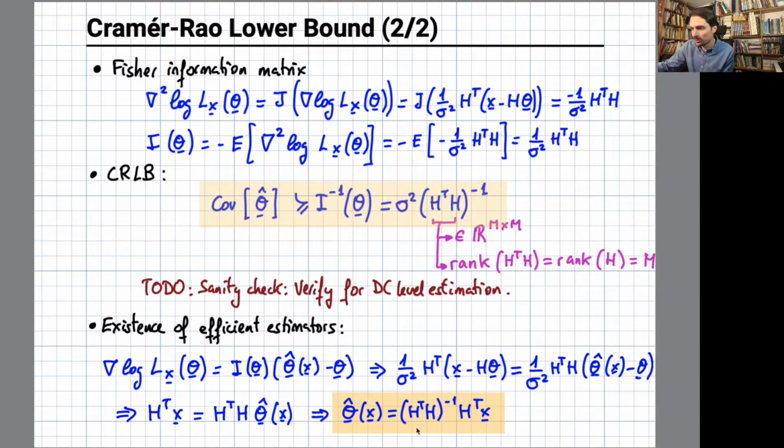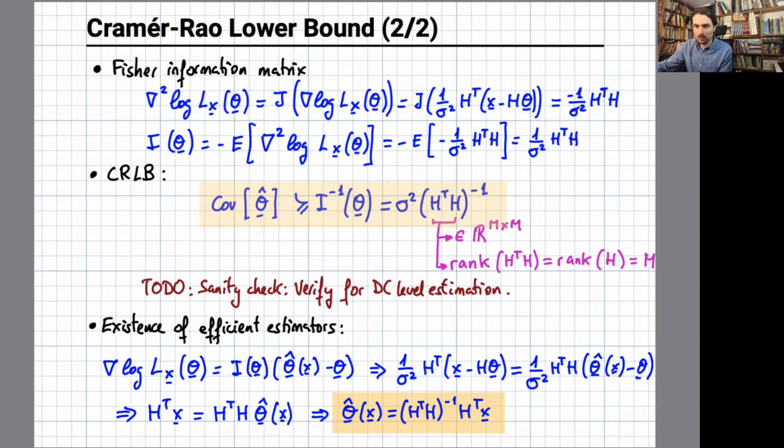Since this expression is a perfectly valid estimator, it doesn't depend on unknown parameters, we can safely conclude that this is the efficient estimator. And remember that an efficient estimator is always MVU, and therefore we found the sought MVU estimator for the Gaussian linear model.